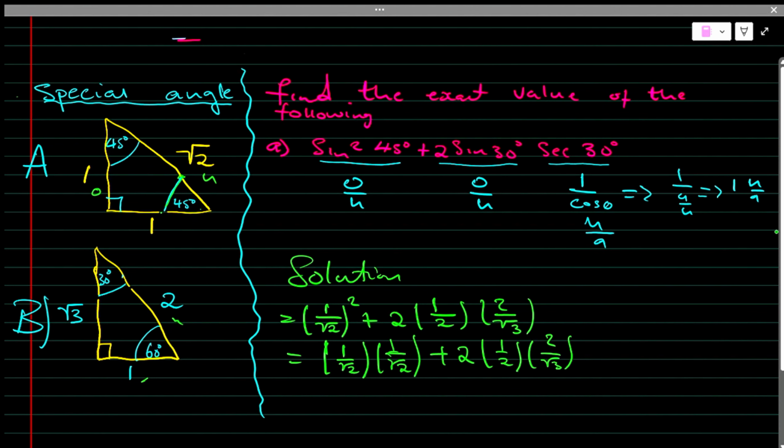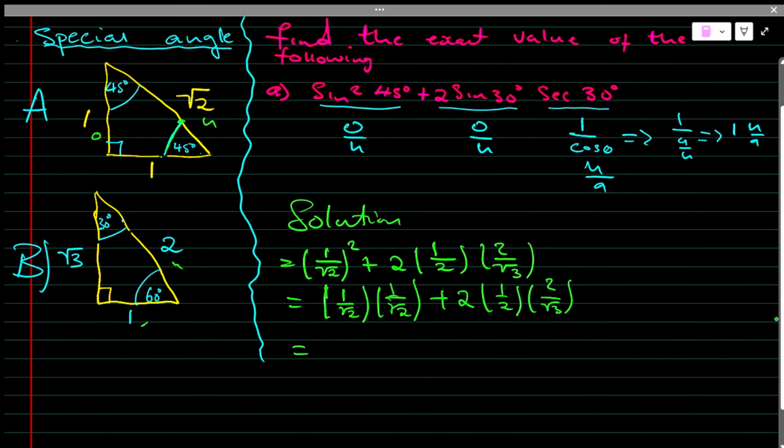So this is going to give us 1 multiplied by 1, which is 1. Then square root of 2 multiplied by square root of 2 is 2. Plus 2, then 1 multiplied by 2 is 2, and 2 multiplied by square root of 3 is 2 root 3.